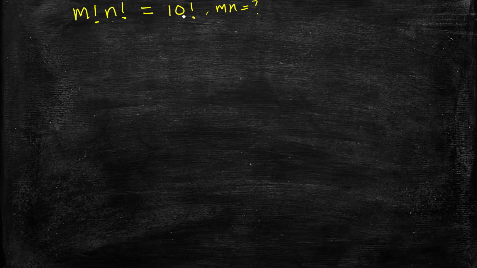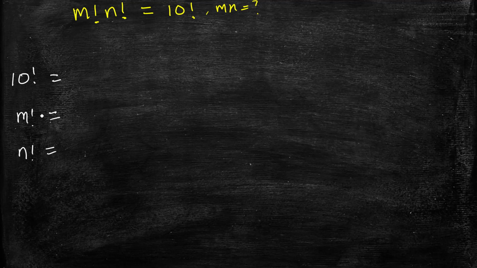Now, we have 10 factorial here, and we have this on the left hand side. So let's break them down. Let's start with 10 factorial here. So we have our m, then we have our n factorial. This is what we are going to do. We are going to write down 10 factorial and then distribute among m and n.